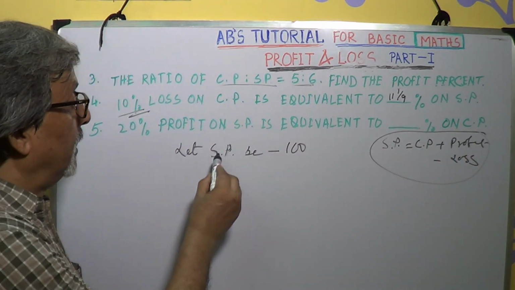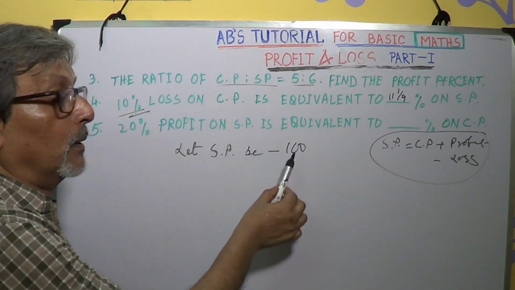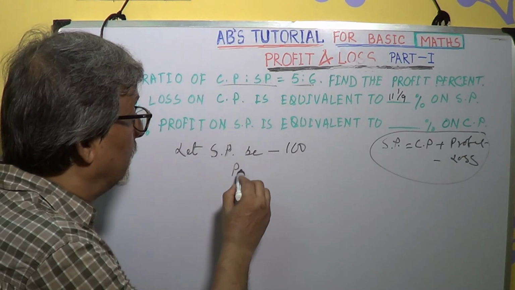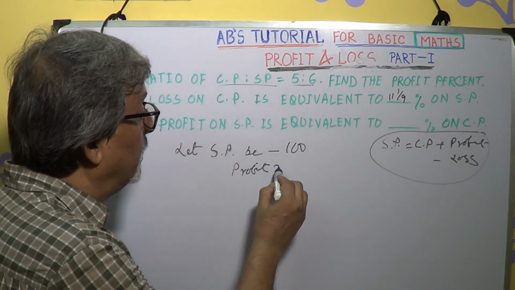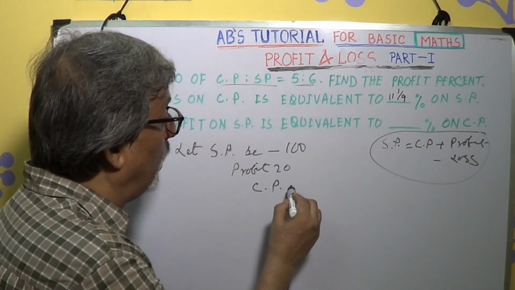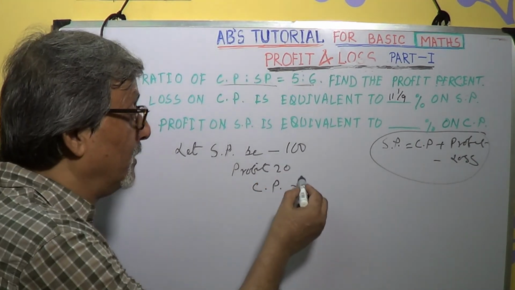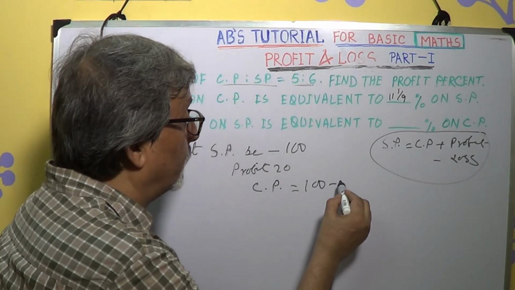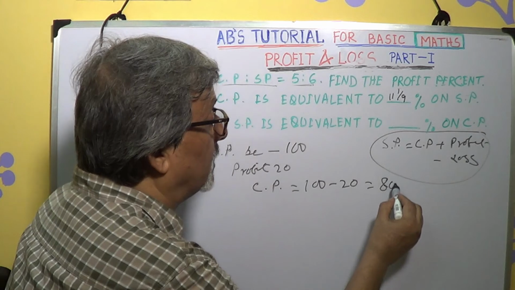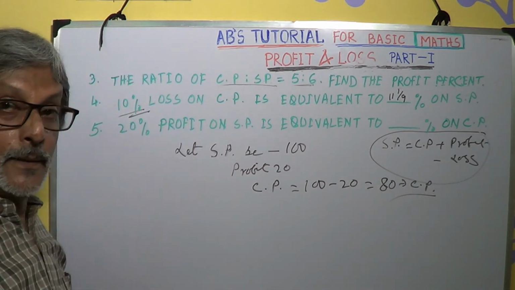So let SP be 100. 20% profit has also been made from this rupees 100. This means profit is included here. So profit is 20, and so cost price will be what? If we subtract this profit amount from the SP, we will get rupees 80, and this will become the cost price of the article.